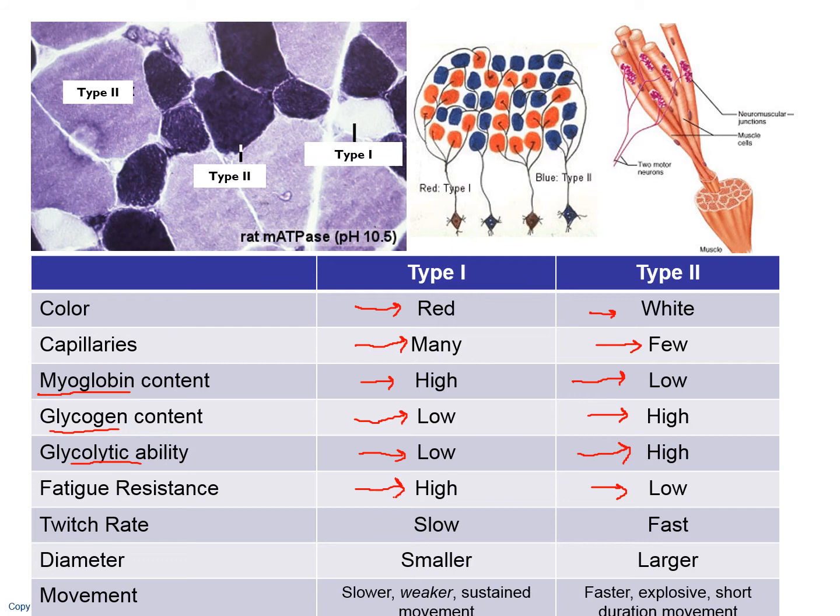As a result, type 1 fibers contract more slowly than type 2 fibers. A contributing factor to twitch speed is the type of ATPase activity in the myosin proteins in these fibers. The myosin heads in the type 2 fibers break down ATP faster than the type that's found in your type 1 fibers.